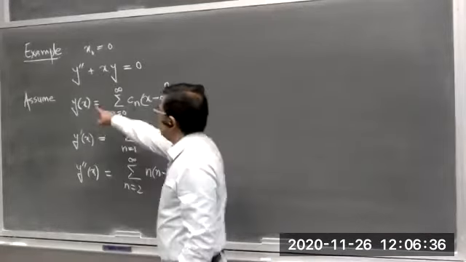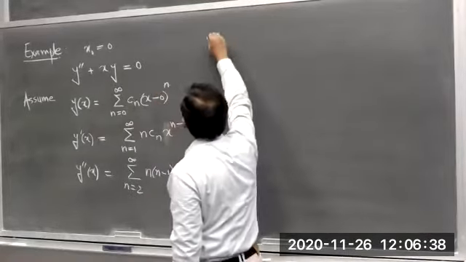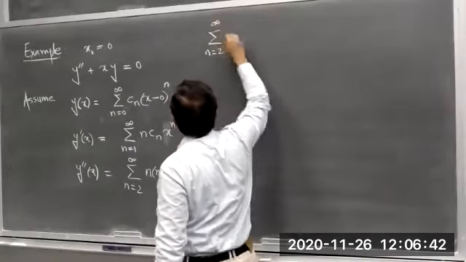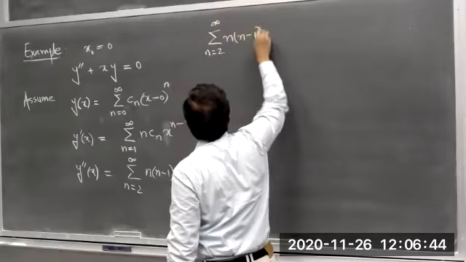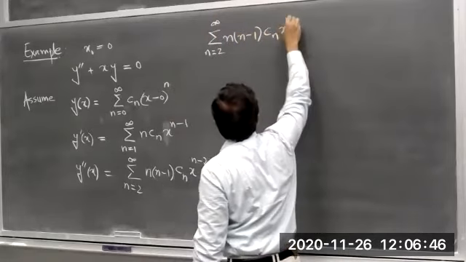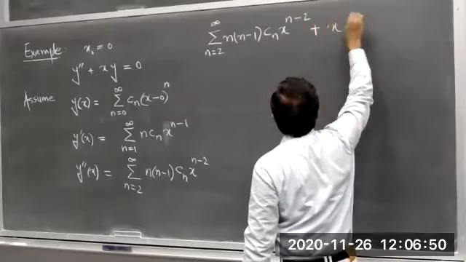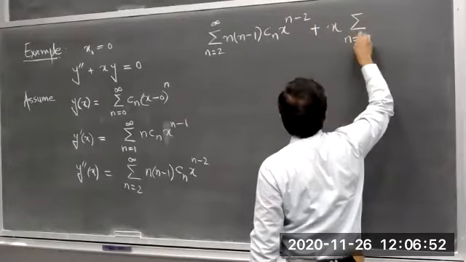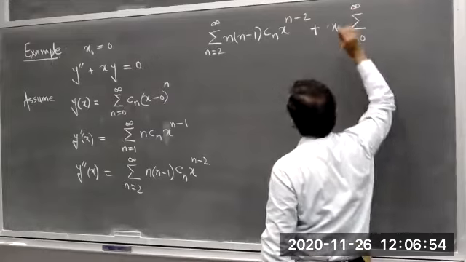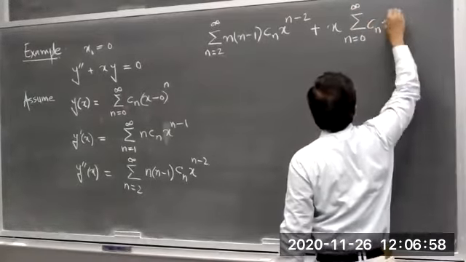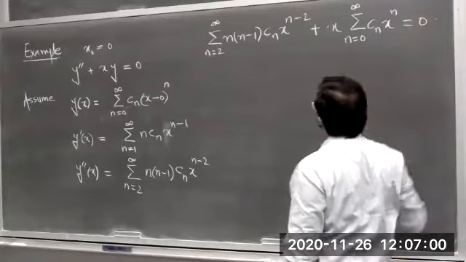Now, inserting these things into the differential equation, what we obtain is summation n from 2 to infinity n into n minus 1 Cn x raised to power n minus 2 plus x times summation n from 0 to infinity, because here we have y, so it is Cn x raised to power n, equal to 0.